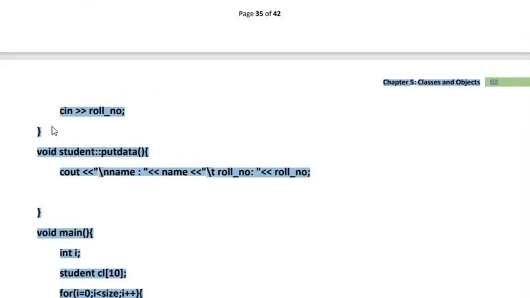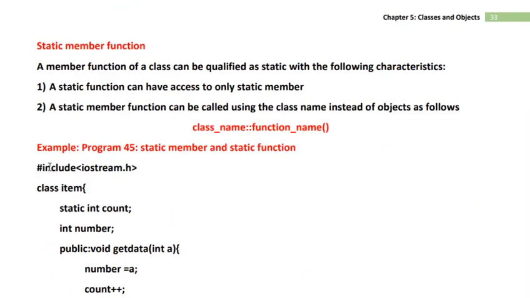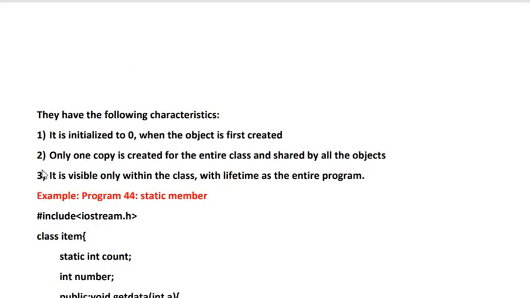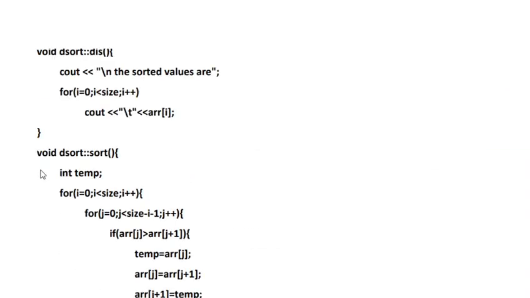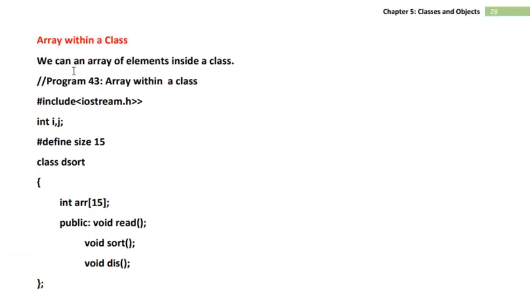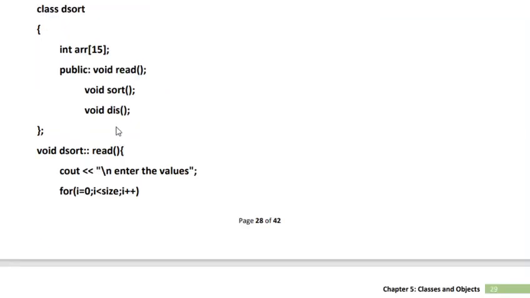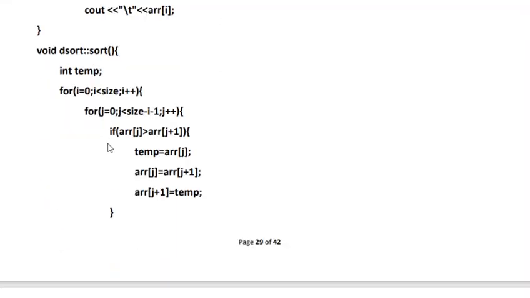So in today's class, we have learned about arrays within a class, and how we can use arrays within a class, which we understood with the help of a very simple example of a sorting algorithm.